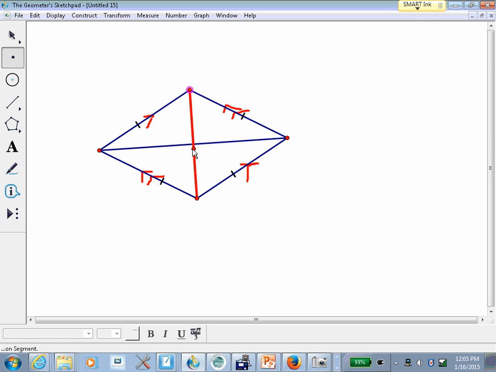I'm going to make this intersection point in the center a coordinate point, and then I'm going to measure some lengths. So I'm going to highlight this point to the center and say measure distance. I'm going to measure the other distance, and I'm going to notice that they are the same.